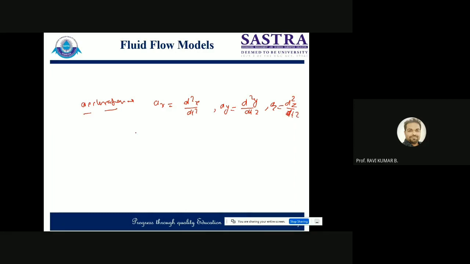So the resultant, ax i, ay j, az k, you can find the resultant velocity and resultant acceleration. Like that, you need to calculate the resultant velocity and resultant acceleration in the case of the Lagrangian approach. As I said, this is applicable for one molecule. Like that, there will be n number of molecules.